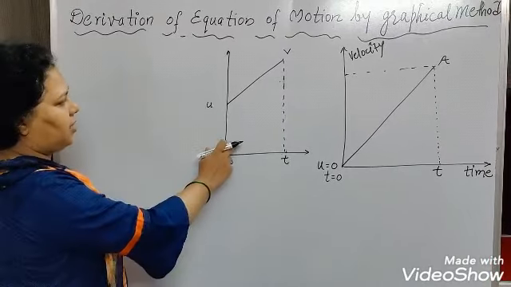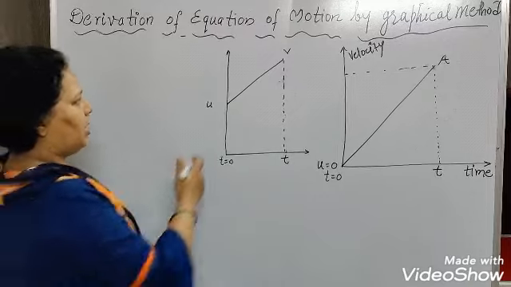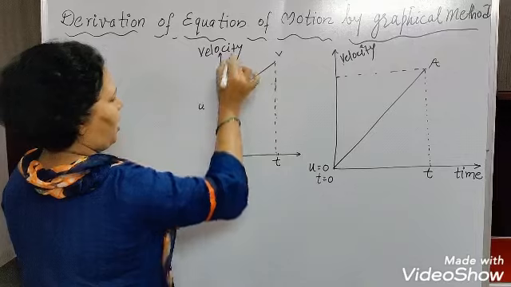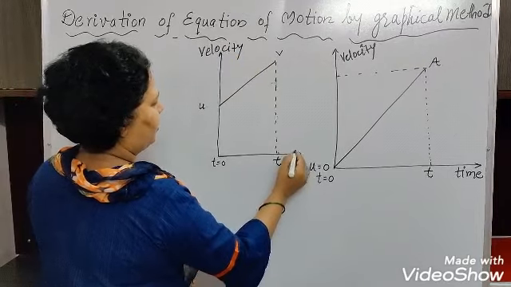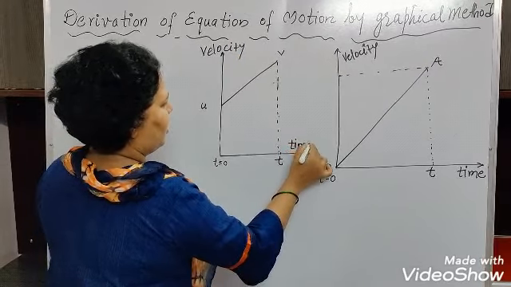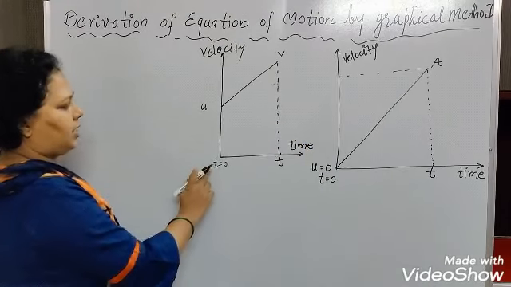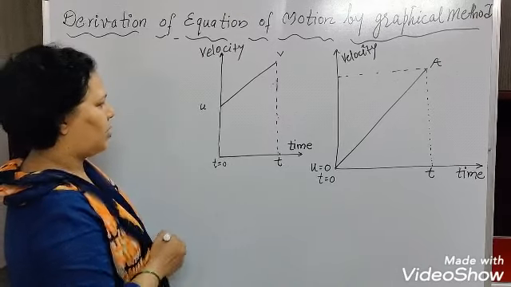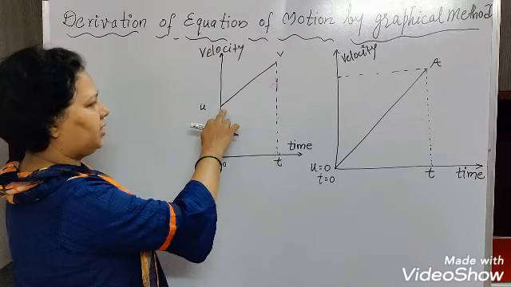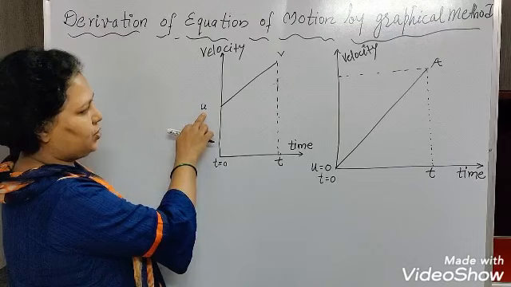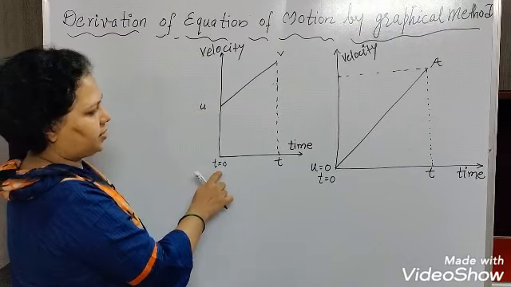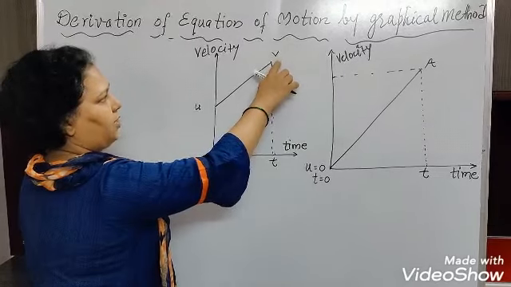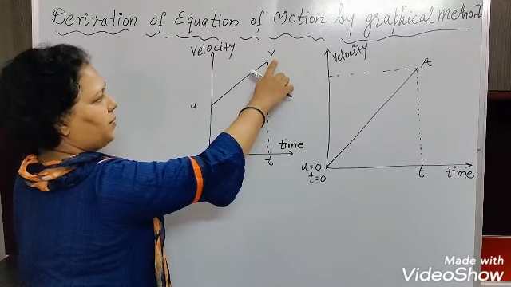This is another graph you can see here. Here also in the y-axis we have taken velocity, and in the x-axis we have taken time. Suppose at t equal to 0 an object started its journey with initial velocity u, and after some time t, the velocity of that object becomes v.